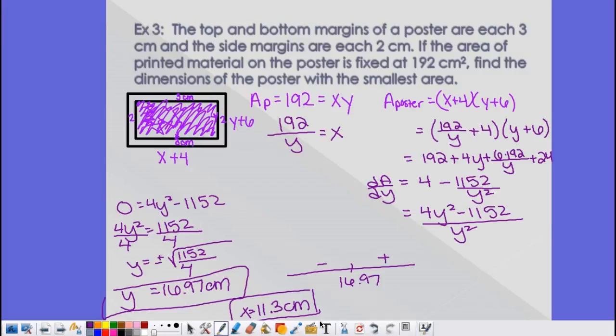The dimensions of the poster are 11.3 plus 4 and 16.97 plus 6.